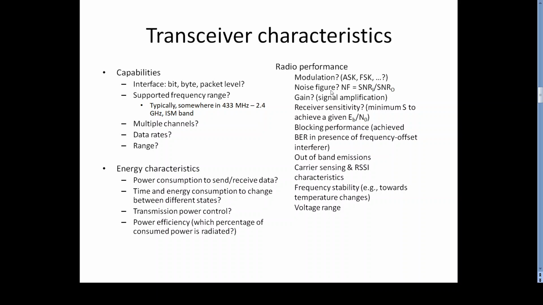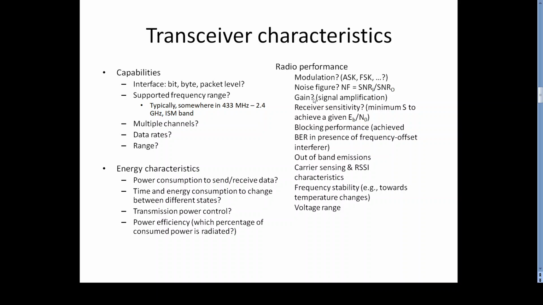Radio performance also depends on noise figure. Noise figure of an element is defined as the ratio of the signal to noise ratio at the input of the element to the signal to noise ratio at the element's output.